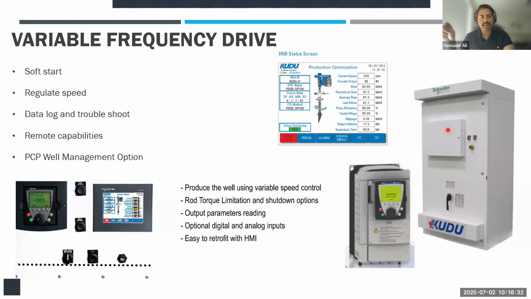It will log all the data. So depending on the capability of a variable frequency drive, it can log your temperature, your RPM, your motor amps. It can store all that data if you have that capability. And then you can have remote capabilities as well. So you can actually connect it with a radio, and it can transmit the data to a SCADA.